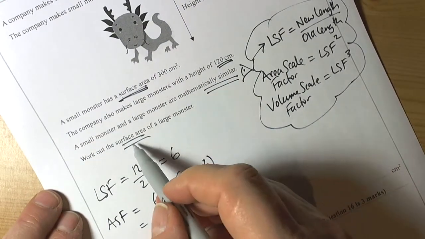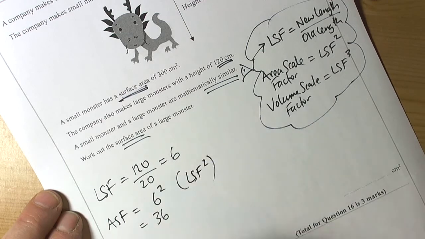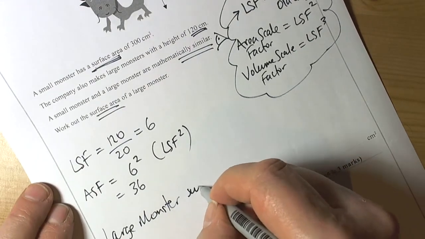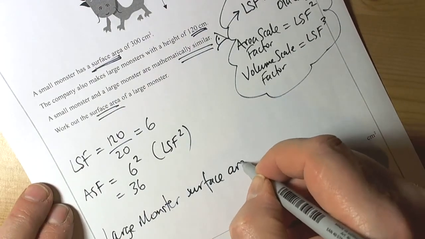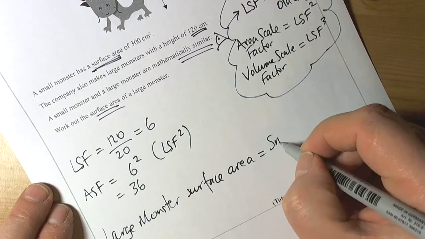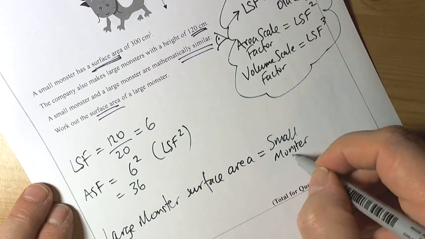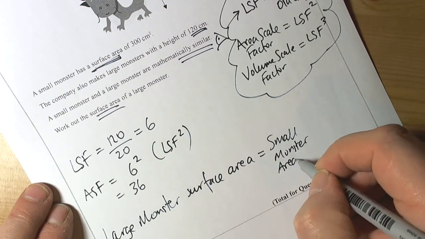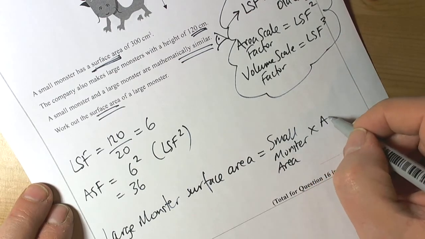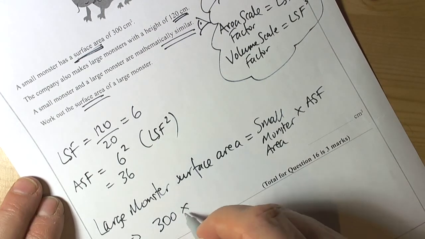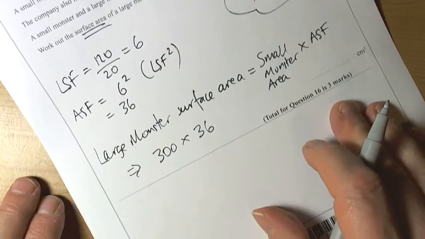So it's asked us to work out the surface area of the large monster. So the large monster surface area equals, in this case, 300 times 36.